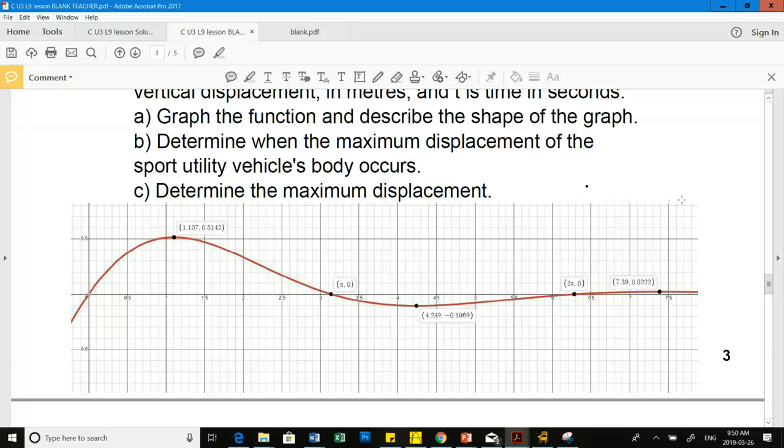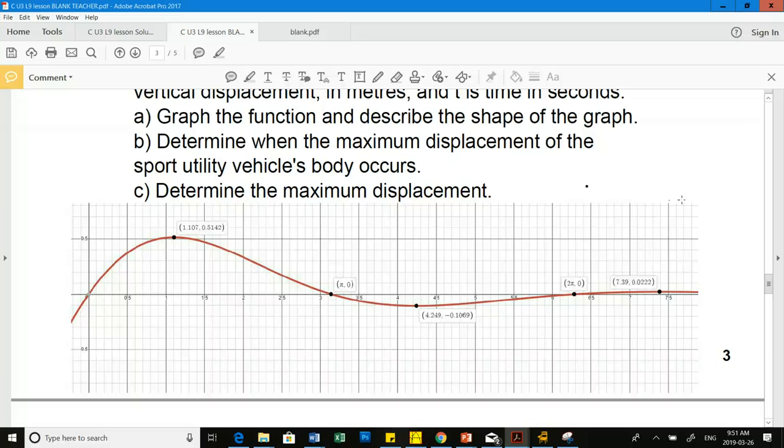When we think about a regular pendulum, eventually that thing is going to slow down, right? It'll move, and then it's going to get less and less until it eventually comes to a stop. So that's the idea here: we start going up to a maximum, and then the wave gets smaller and smaller in amplitude as it goes along. That's called dampened harmonic motion. So there's our graph there.